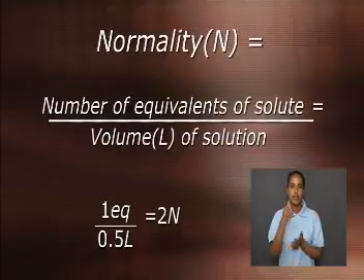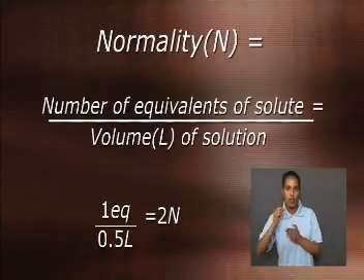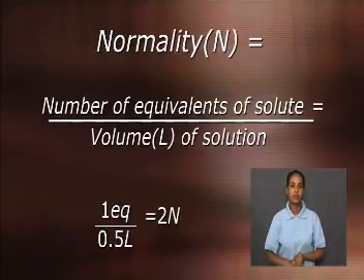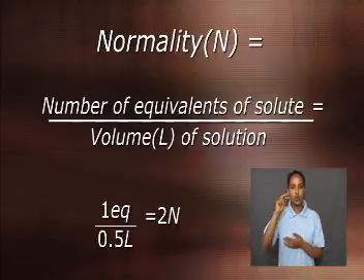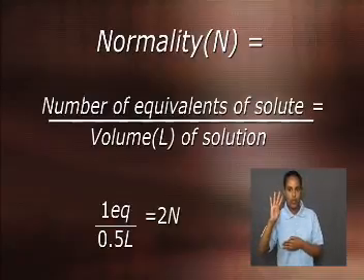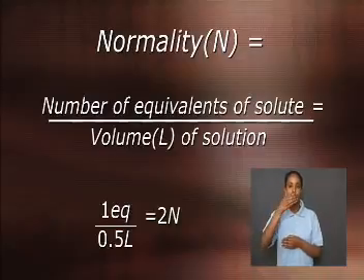The number of equivalents divided by the volume of the solution in liters will give us the normality. Thus, the normality of 49 grams of sulfuric acid in 500 milliliters of solution is 2.